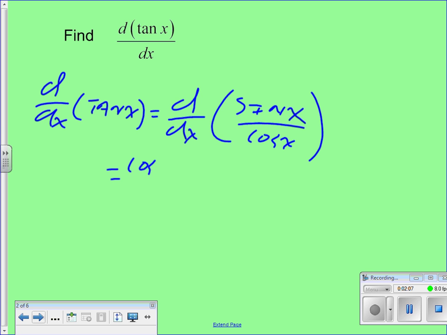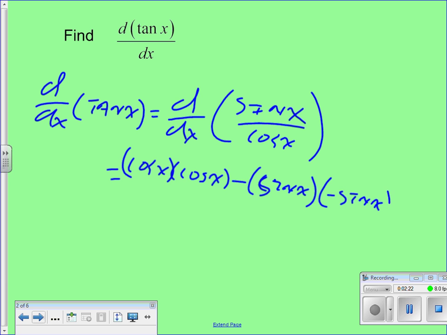So I have the cosine of x times the cosine of x, minus the numerator, sine of x, times the derivative of the denominator, the derivative of the cosine, which is negative sine x, all over the denominator squared. And cosine squared, we know that that is the cosine of x squared.